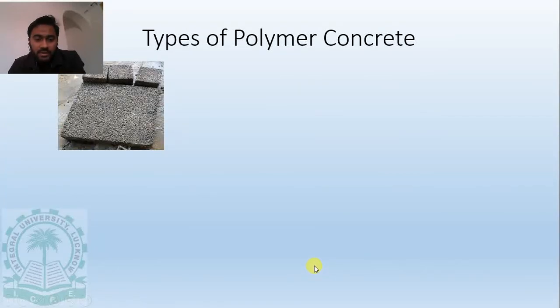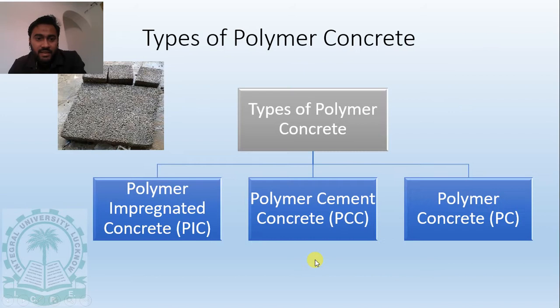We will discuss three types of polymer concrete. The first is polymer impregnated concrete, PIC. The second is polymer cement concrete, and the third is polymer concrete. Of the three, polymer impregnated concrete is the most important and most widely used, because it is a fairly simple process.